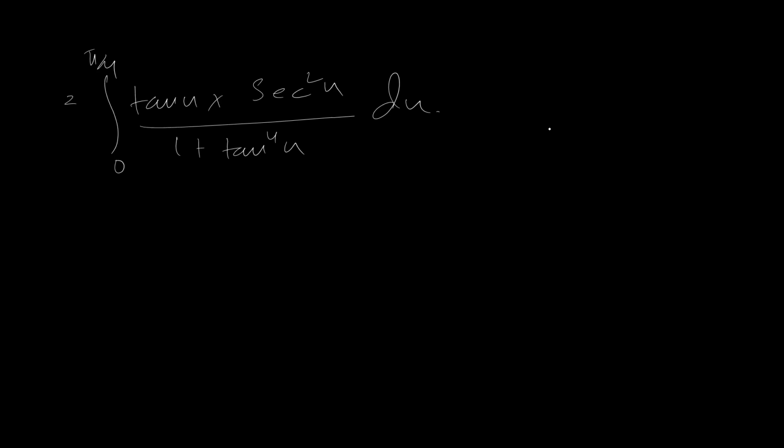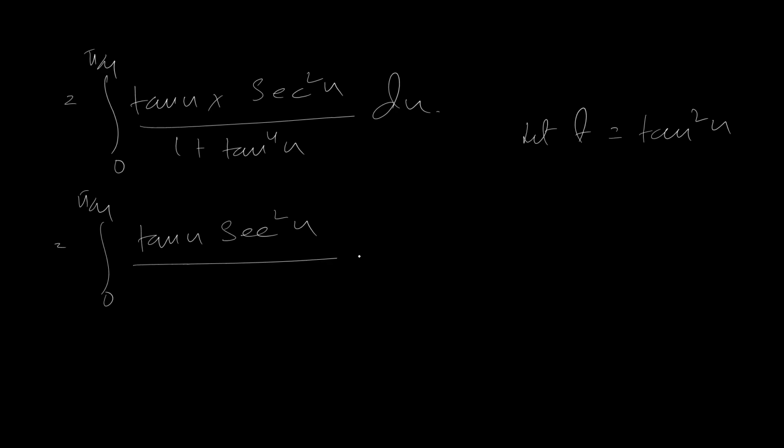So here I will take t equals tan square x. This one I can write as the integral from 0 to pi by 4 of tan x sec square x by 1 plus tan x to the power 2, to the whole power 2, dx. Let t equal tan square x.